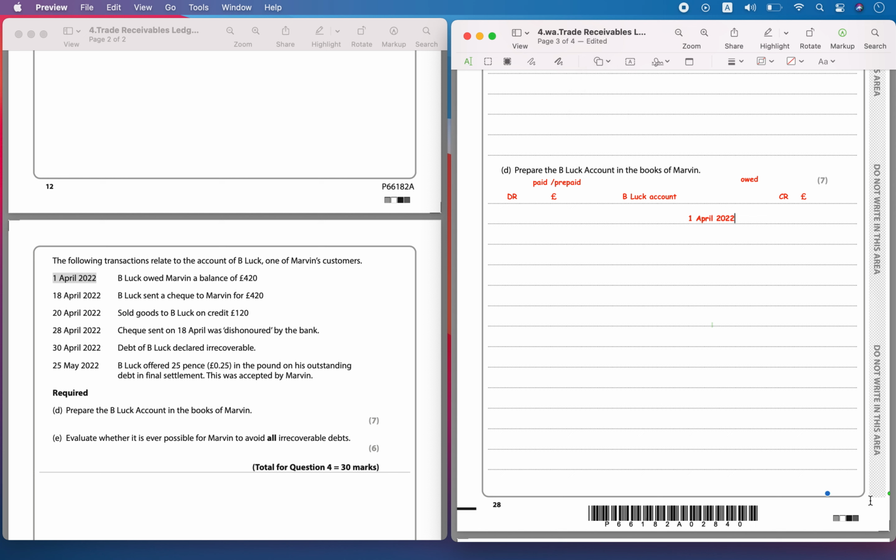So let's write that. The owed balance brought down on 1st April 2022, b/d, was 420.